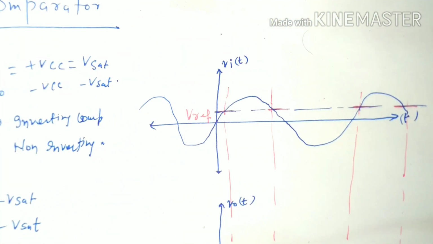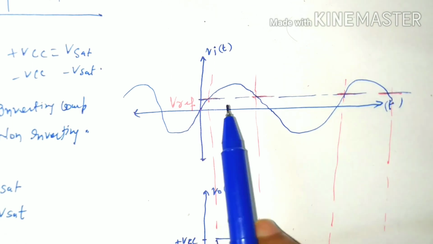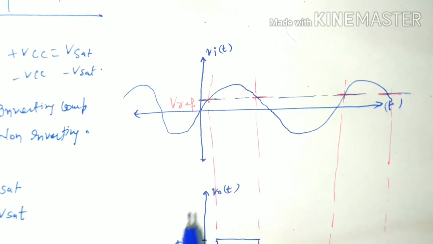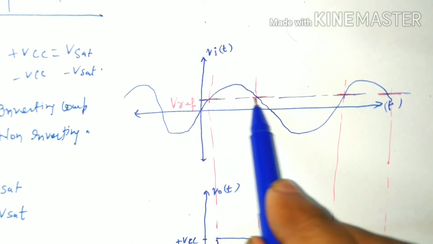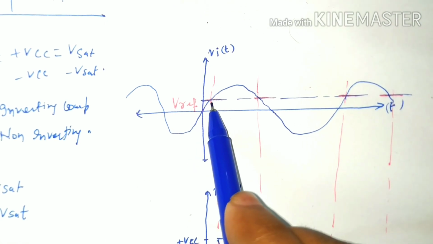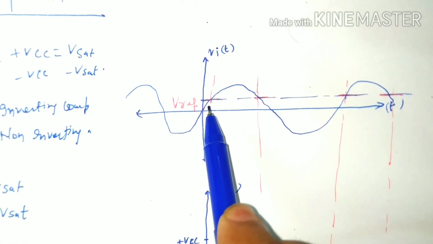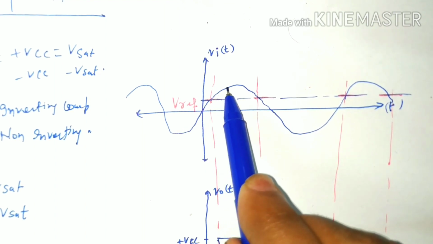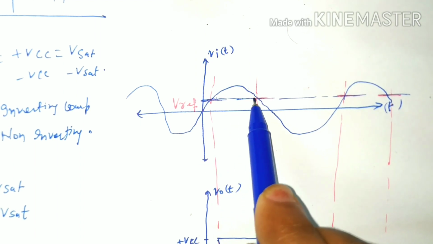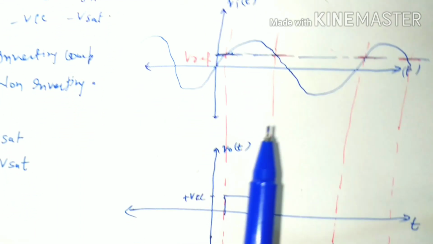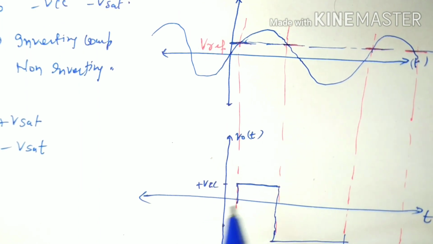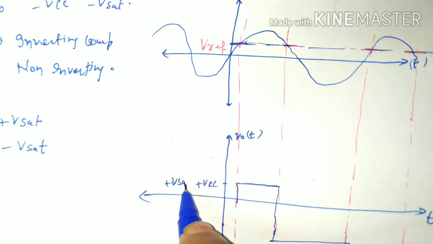Let this be the input signal, which is of sinusoidal form, and this one is the reference voltage. So here, if the input voltage is greater than the reference voltage, then the output voltage will be plus V saturation, plus VCC.